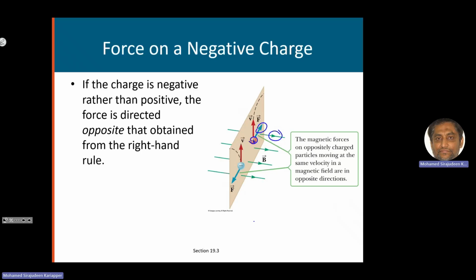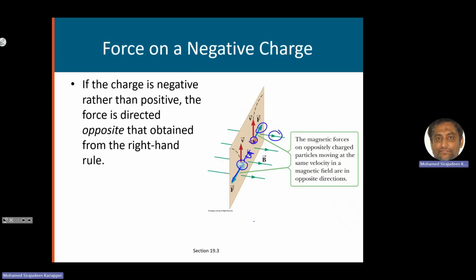But for a negative charge, when you do the right hand rule, you get the direction of v cross B into the board. But you have to switch the direction because it is a negative charge, so it comes out of the board. So you are looking at both positive and negative charge and how we get the magnetic force direction. The flipping happens only for the negative charge.